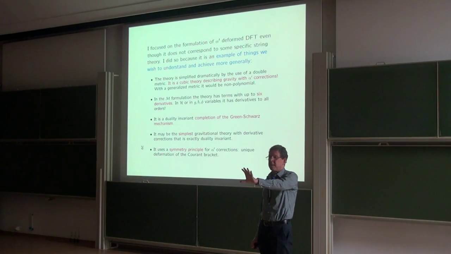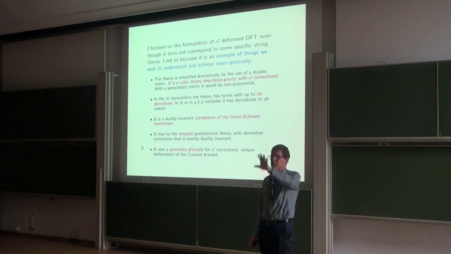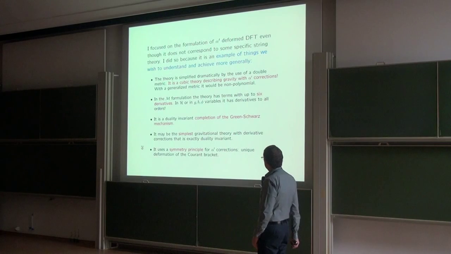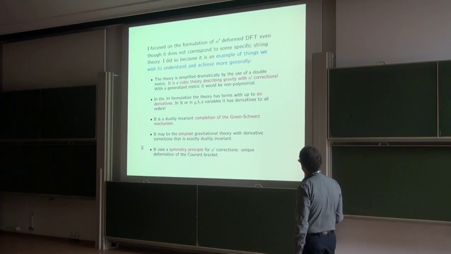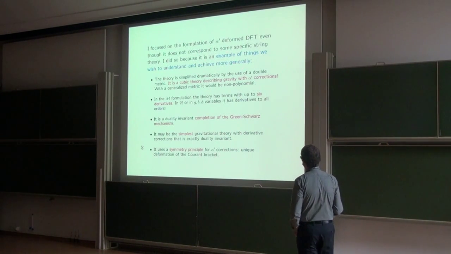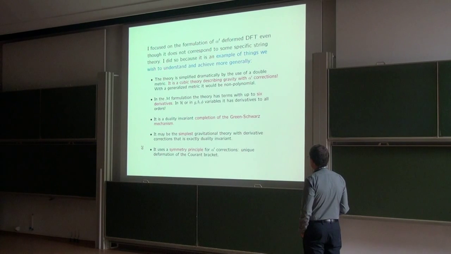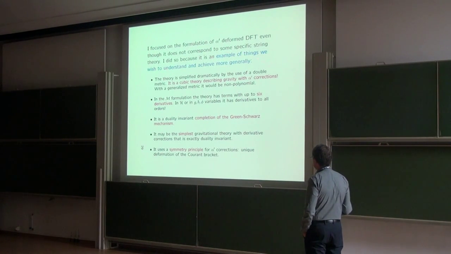And it doesn't have the gauge fields of the heterotic string. So it's neither the bosonic string nor the heterotic string. So it does not correspond to some specific string theory, but I did do this because it's an example of things we wish to understand and achieve more generally.